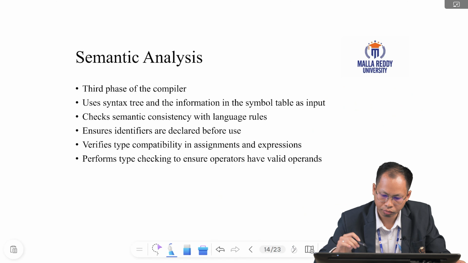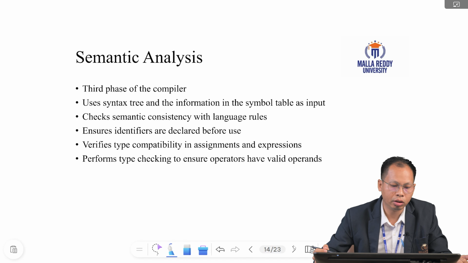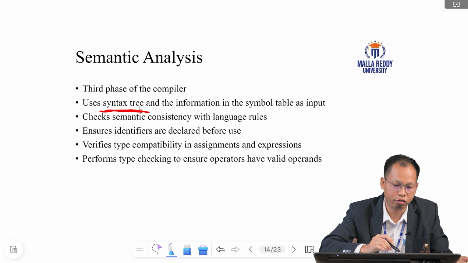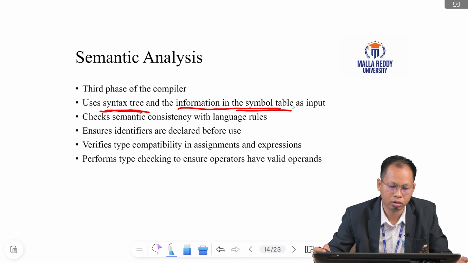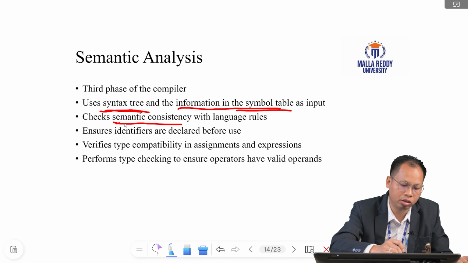Then comes the next phase, that is the semantic analysis phase, which is the third phase of the compiler, where it will use the syntax tree generated by the previous phase and the information from the symbol table. The main aim of this phase is to check the correctness of the semantics.